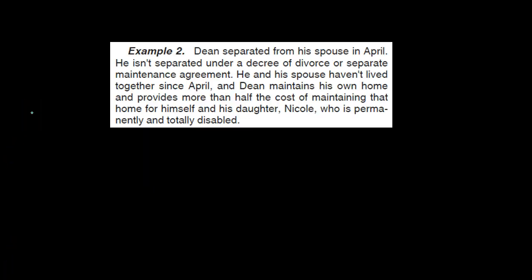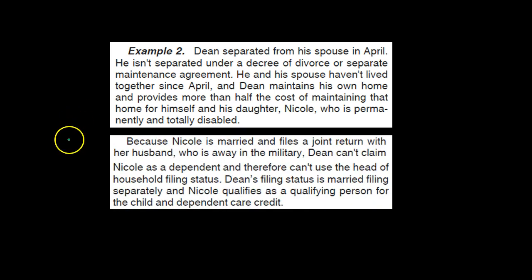Example 2. Dean separated from his spouse in April. He isn't separated under a decree of divorce or separate maintenance agreement. He and his spouse haven't lived together since April, and Dean maintains his home and provides more than half the cost of maintaining that home for himself and his daughter, Nicole, who is permanently and totally disabled.